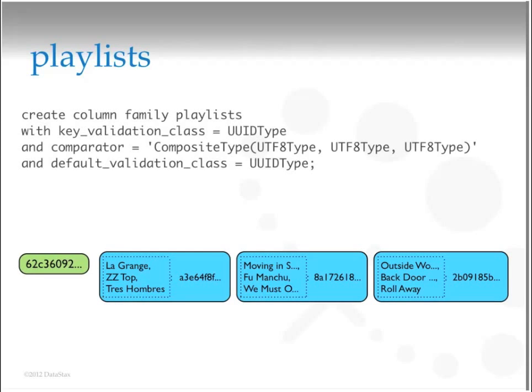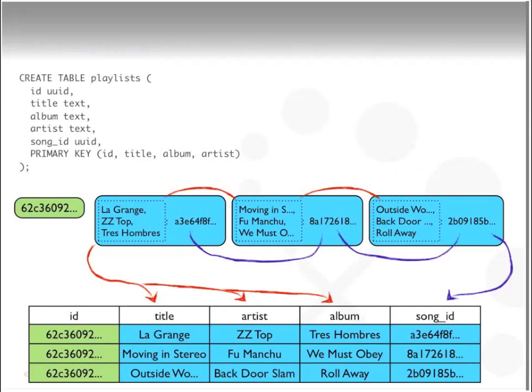And so one of those components is the title, one is the artist, and one is the album. So that's how those map to that storage engine row. The way we map this to the CQL world is similar to how we did it with the song tags, where we're going to have a compound primary key.